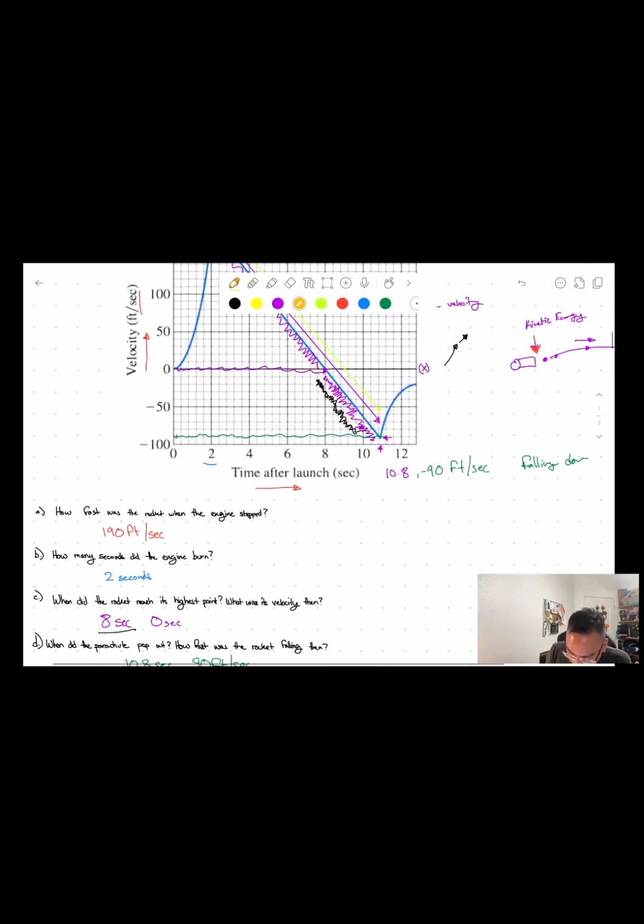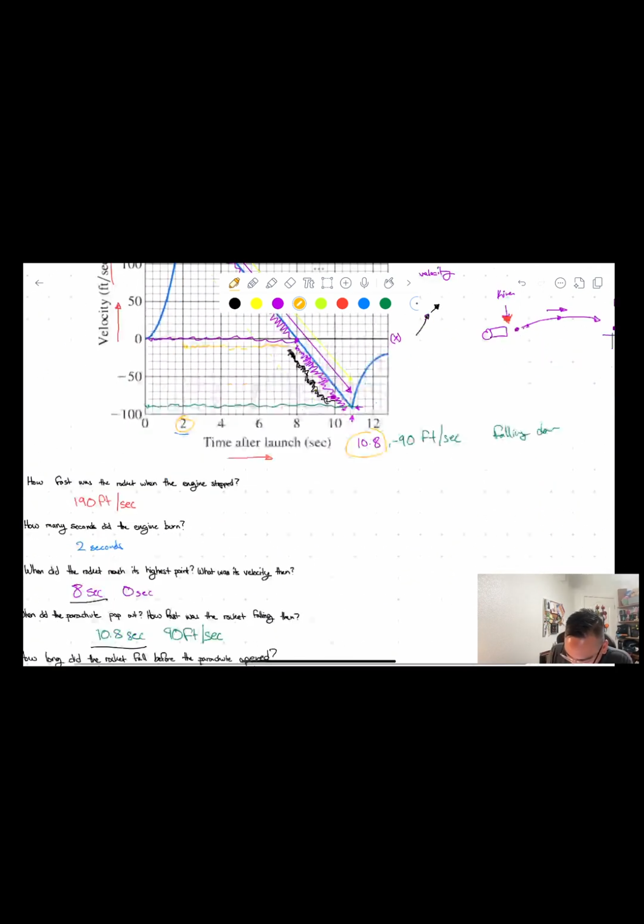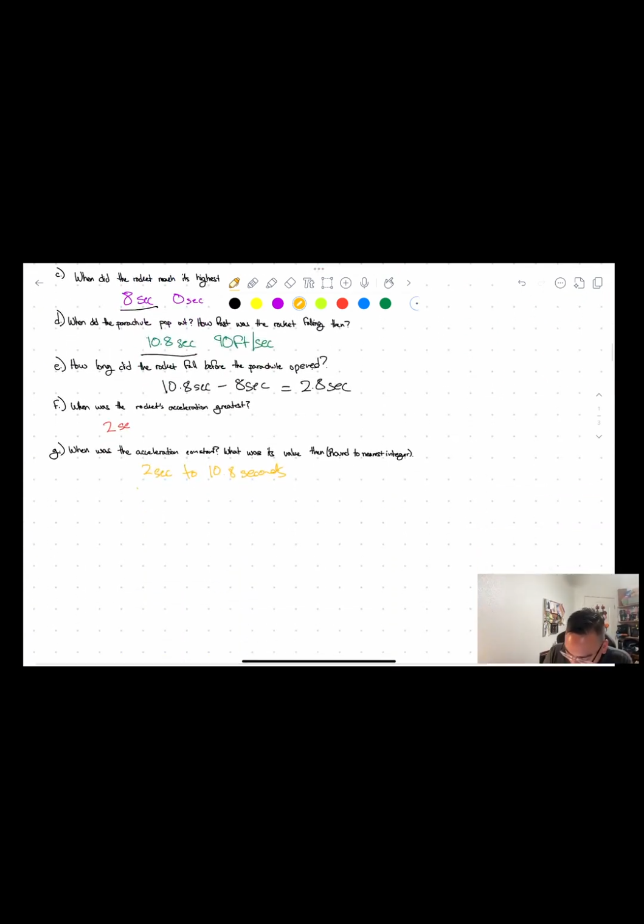Between these 2 points, between 2 and 10.8, is when that constant slope is happening. So t is equal to 2 and t is equal to 10.8. Those are our two intervals.